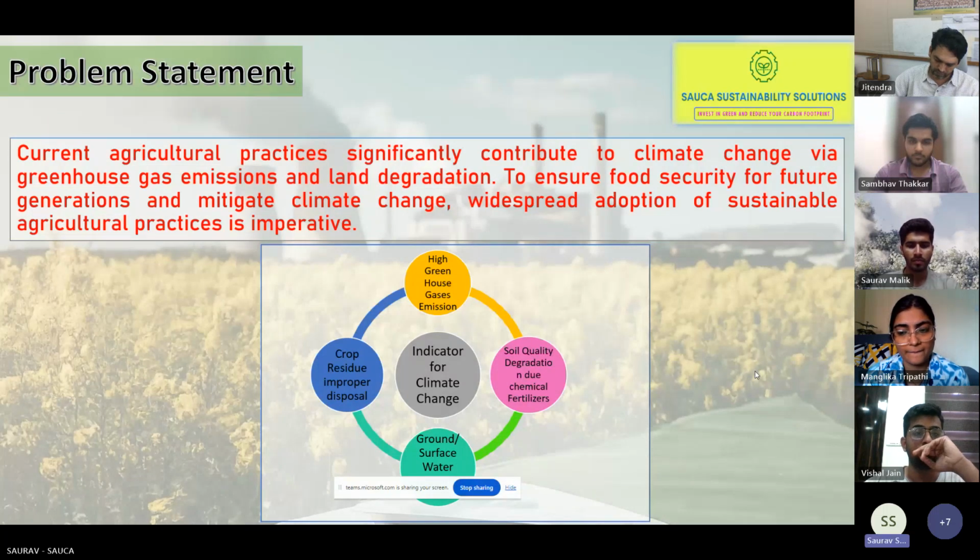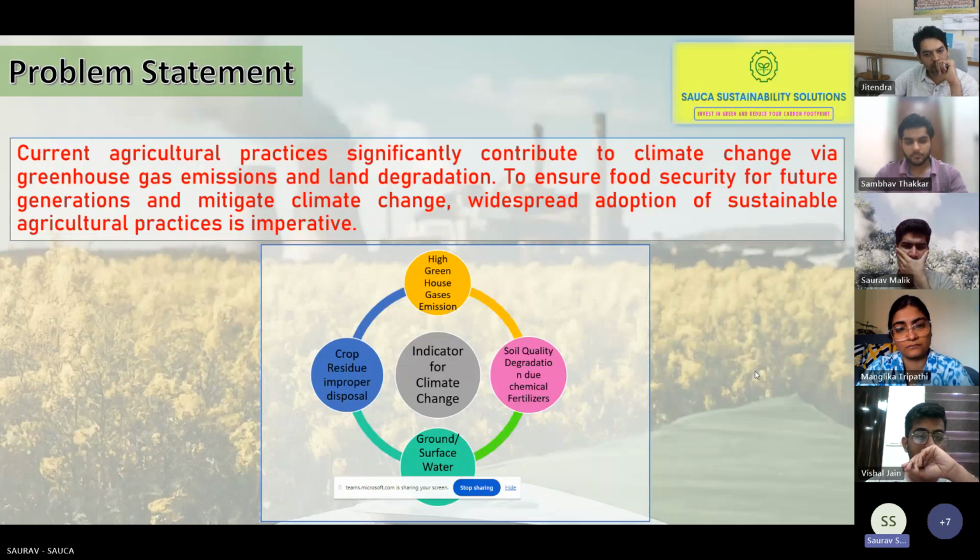So this is a pictorial diagram representing the indicators of climate change. High greenhouse gas emissions are a major indicator, then soil degradation, groundwater and surface contamination, and improper disposal of crop residue, which is burning. And after burning the crop residue, we are getting air pollution in major northern Indian cities.